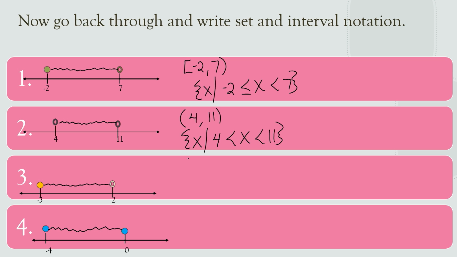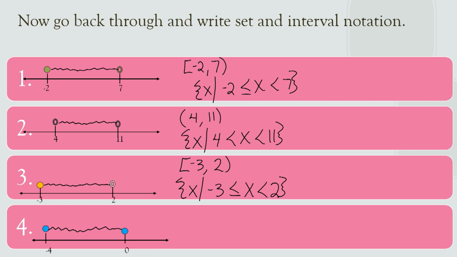All right, number 3, I have an open circle and I have a closed circle. So I'm going to start with my bracket at -3 and go to 2. So it starts with the bracket but it closes with a parenthesis. Then for my set notation, I have x's such that -3 is less than or equal to my unknowns, and my unknowns are less than 2. All right, let's try the last one. I have 2 closed circles.